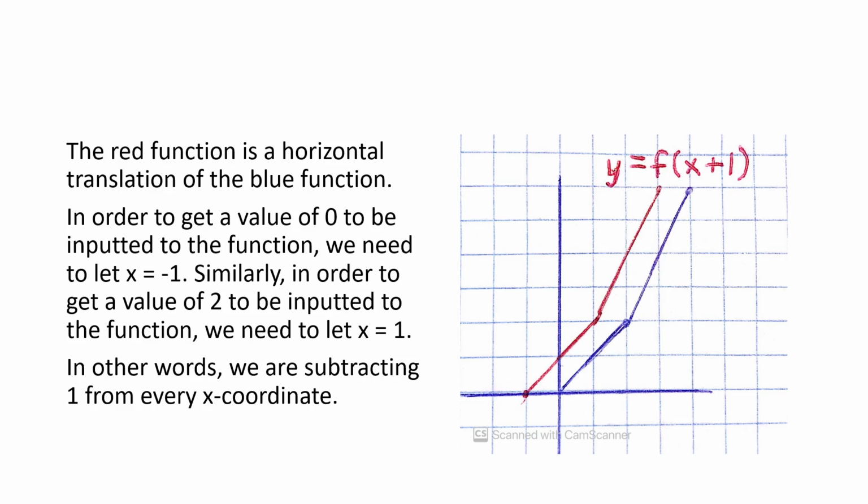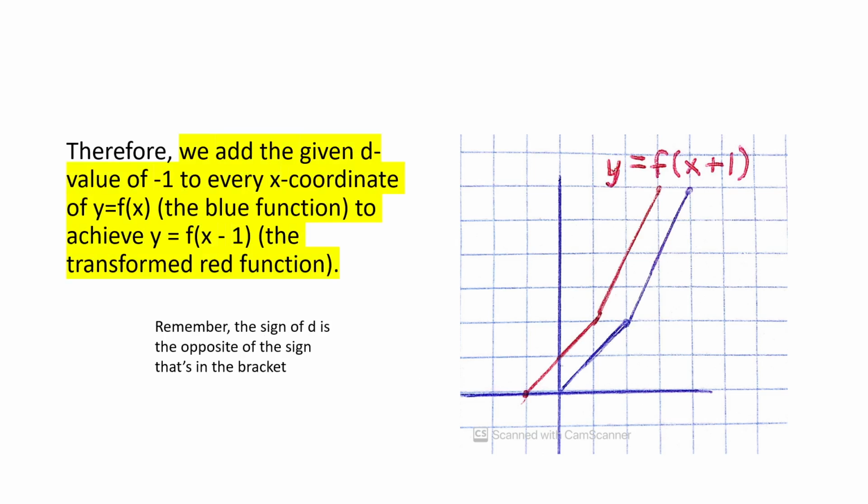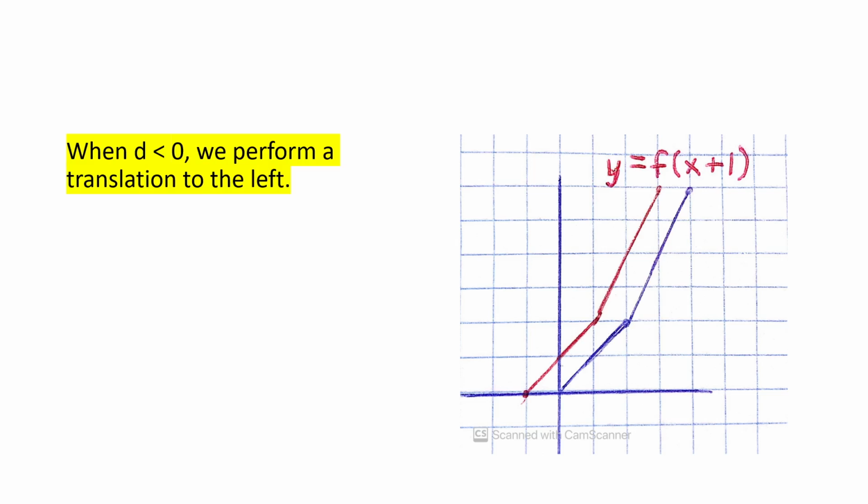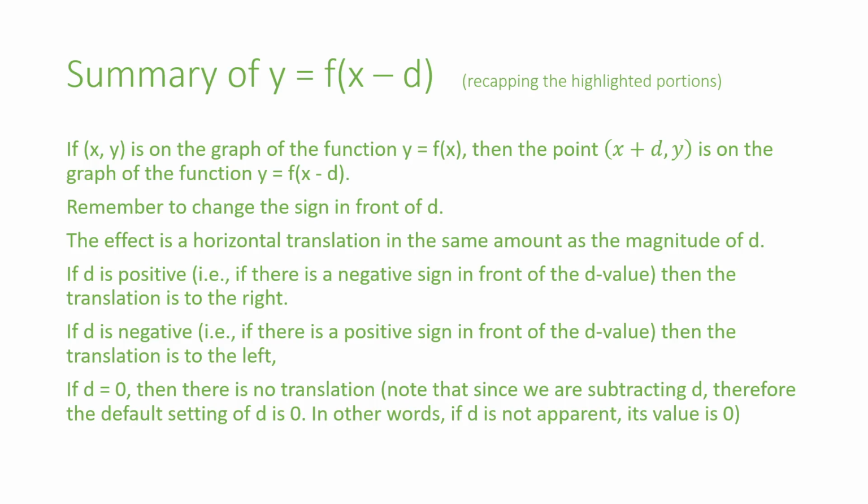In other words, we're subtracting 1 from every x coordinate. Therefore, we add the given d value of negative 1 to every x coordinate of y equals f of x, the blue function, to achieve y equals f of x plus 1, the transformed red function. And again, reminder, the sign of d is the opposite of the sign that's in the bracket. So what that means is when d is less than 0, we perform a translation to the left.